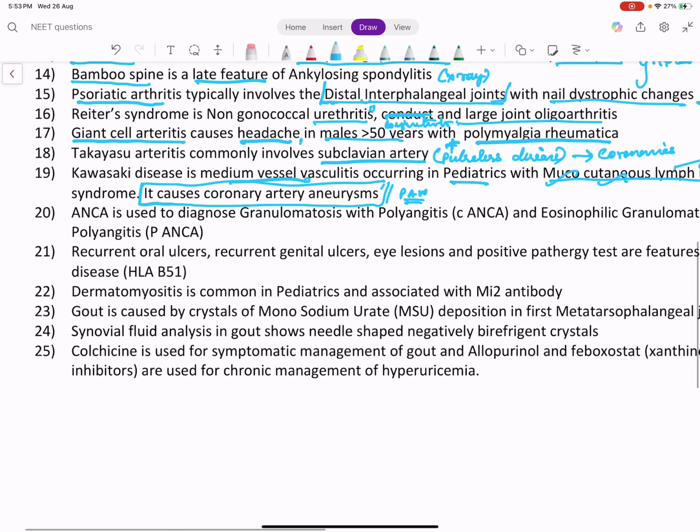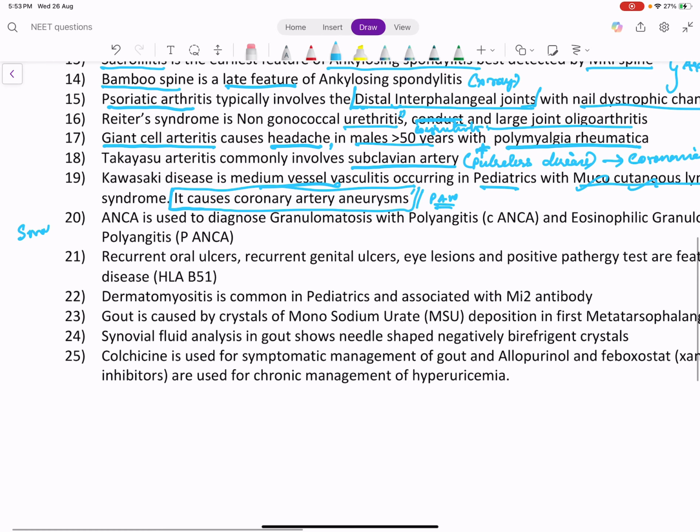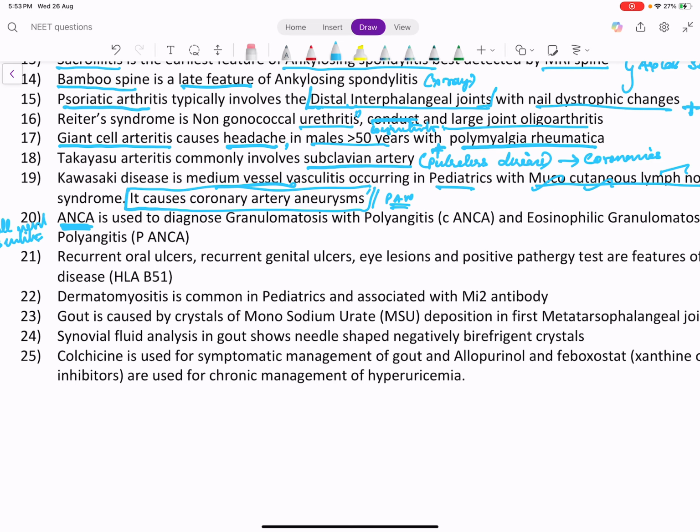Now about small vessel vasculitis. There are many small vessel vasculitis. What is important to know is the pauci-immune vasculitis. That is, we have ANCA, anti-neutrophilic cytoplasmic antibody. These are specific antibodies which are found in diseases called GPA, granulomatosis with polyangiitis, formerly Wegener's granulomatosis.